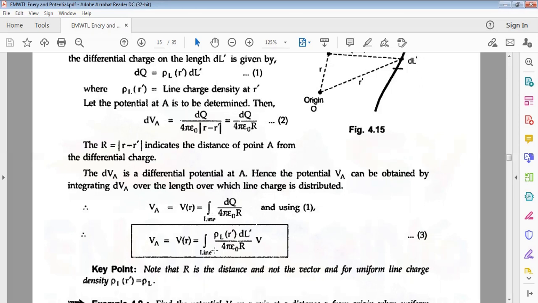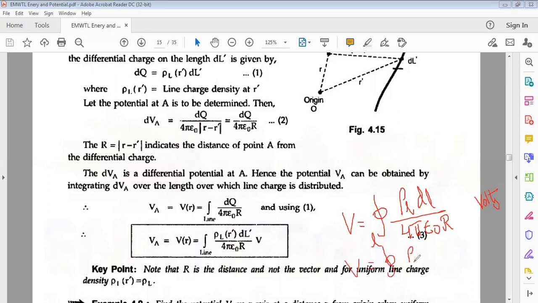So V is equal to the line integral of rho L dl by 4 pi epsilon naught into R, in volts. Or otherwise, we can represent V is equal to the line integral of rho L dl by 4 pi epsilon naught, where R is the distance from the dl bar to the point A, that is R minus R dash.